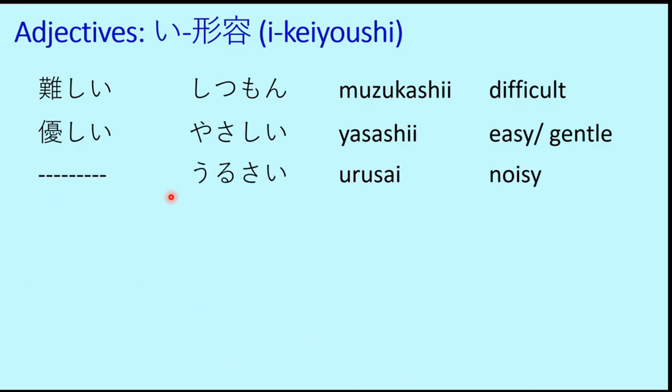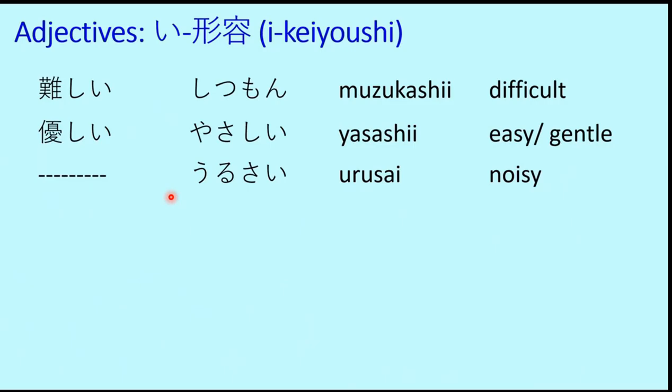Urusai means noisy. Before we go into these sentences, yasashi is basically easy, and it doesn't necessarily mean something which is easy to do. It is more of someone who is easygoing. We have a different word for when a question or a mathematical problem is easy, which does not end in an e sound.